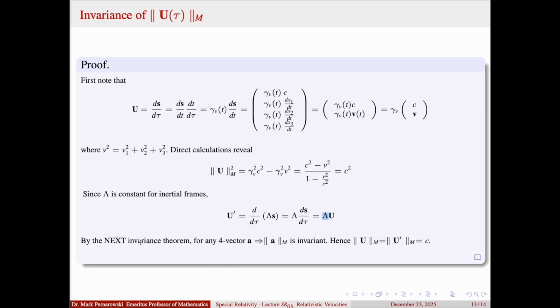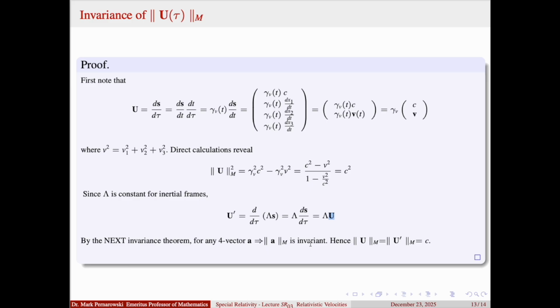There's a theorem that says that if I have two four vectors that are related by the Lorentz matrix, then their Minkowski norm is automatically invariant. That's a fact for any two vectors in different frames. So if I had an A vector representing anything, times the Lorentz matrix to get an A prime vector in the other frame, the lengths of those things will be invariant.